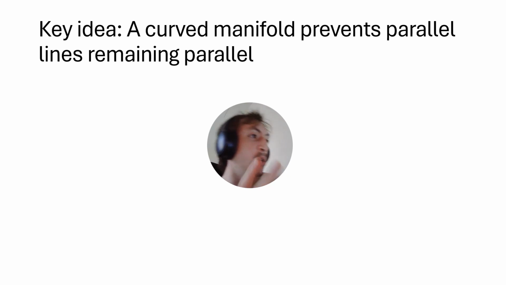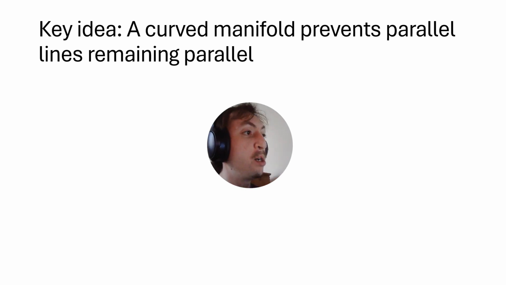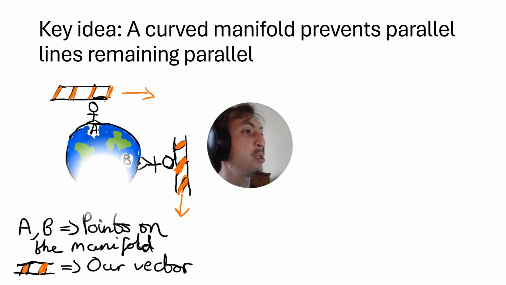So we're going to start off this video by talking about one way you can deduce curvature, and that is to look at how a vector changes across a manifold as you move it across the manifold, but keep it the same orientation relative to the surface.